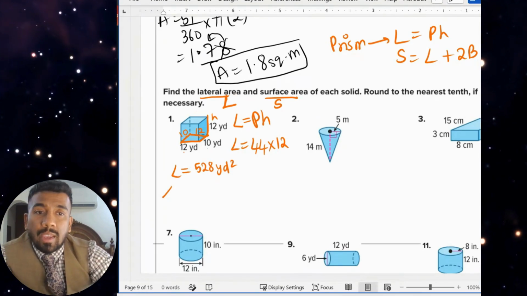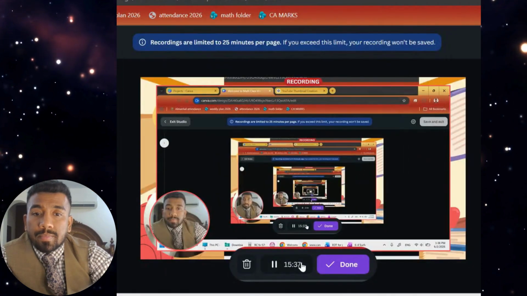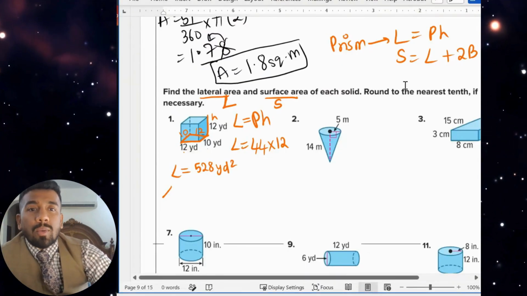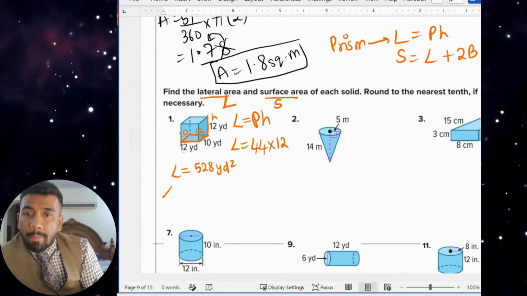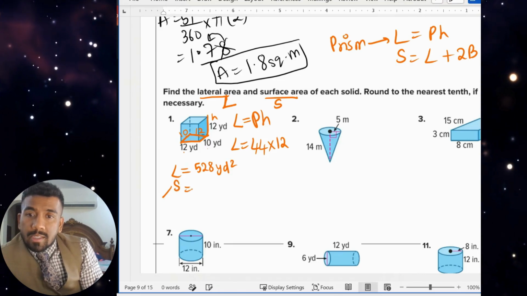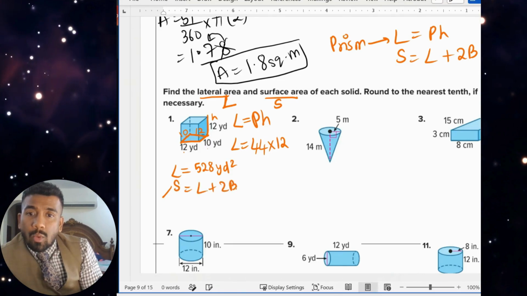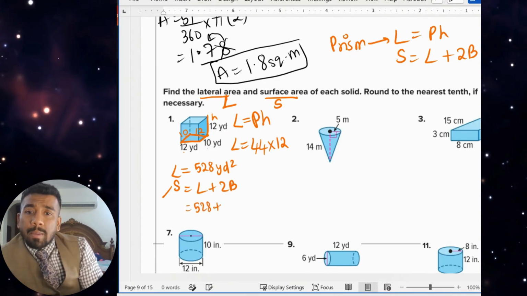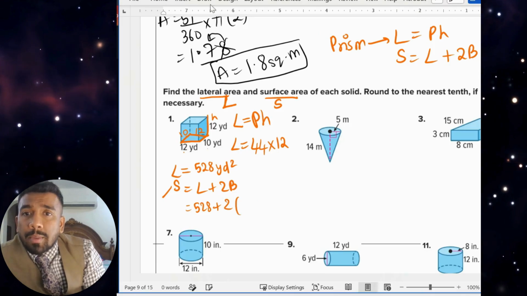Once you get the lateral area, find the surface area also. I've given the formula over here. It's L plus 2B. So S is L plus 2B. L, you know, that's 528, plus 2 times B. Now what's this B?